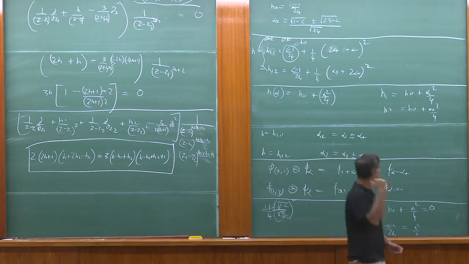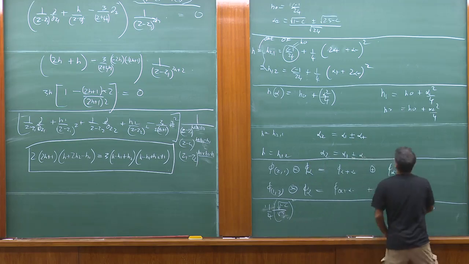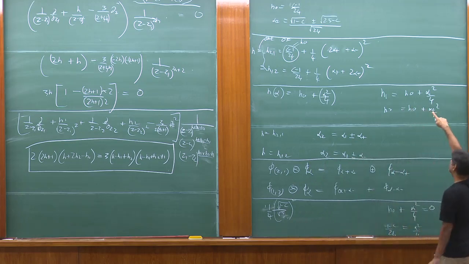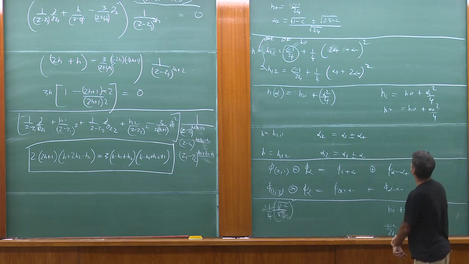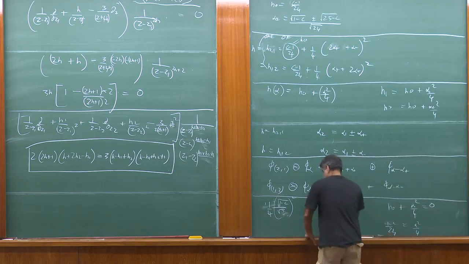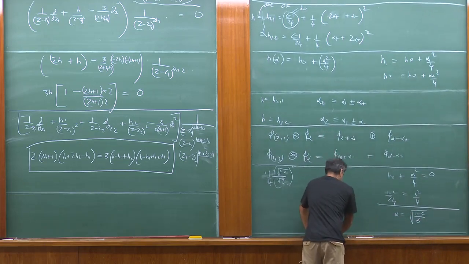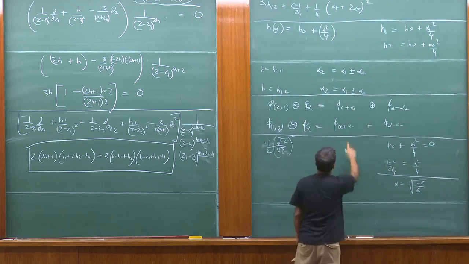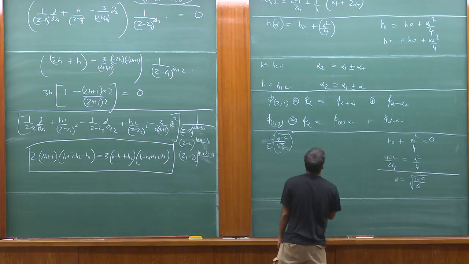It's 1 comma 1. Okay, so now let's do that. If it's 1 comma 1, then our effective value of alpha there is alpha plus plus alpha minus. Right? So in that case, this thing becomes what?